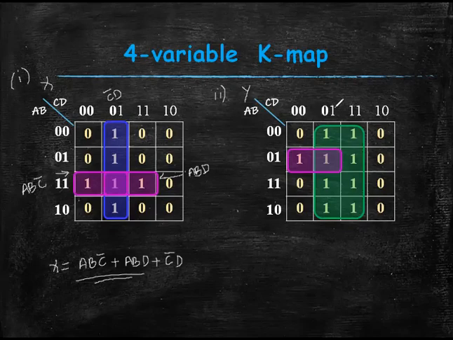It is the octet corresponding to D. And the pair is 01 not changing, and 01 means A bar B, A bar B C bar.